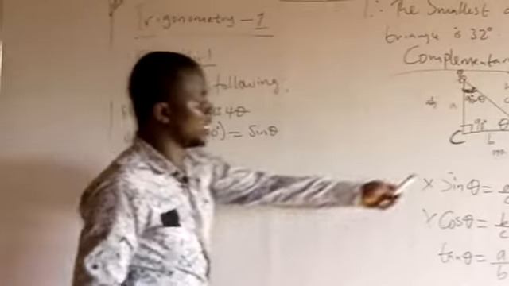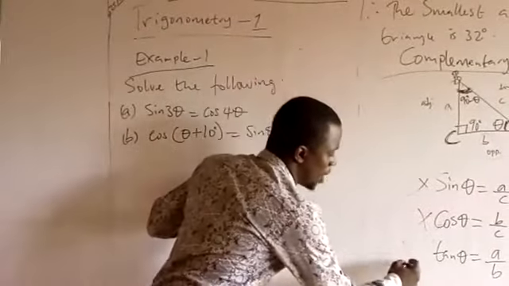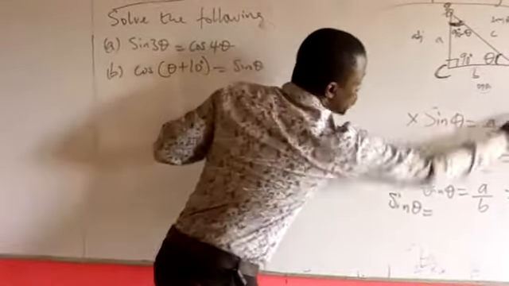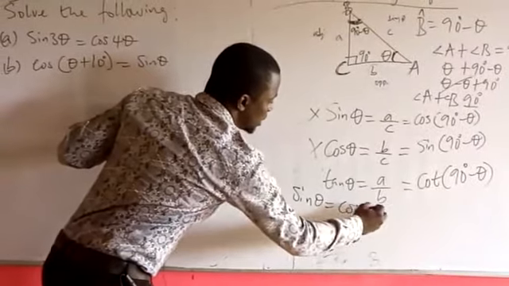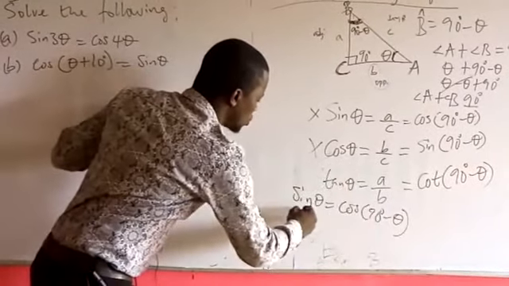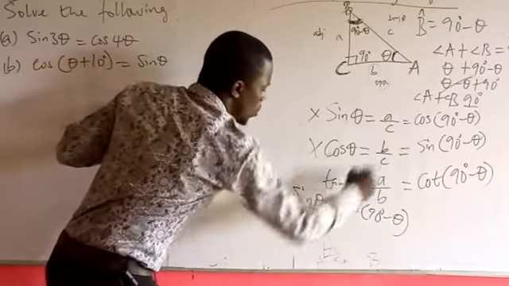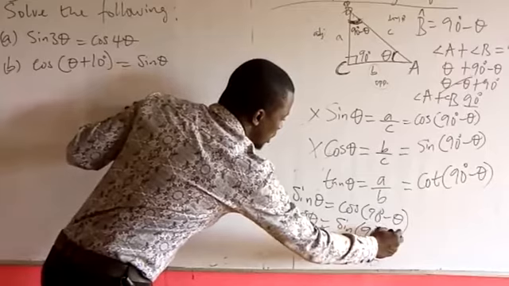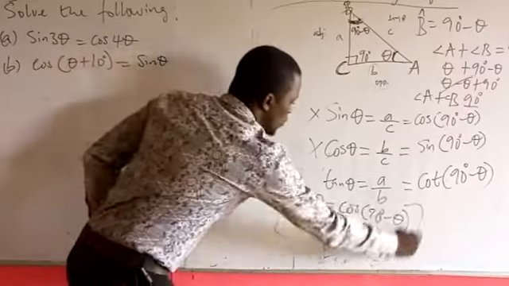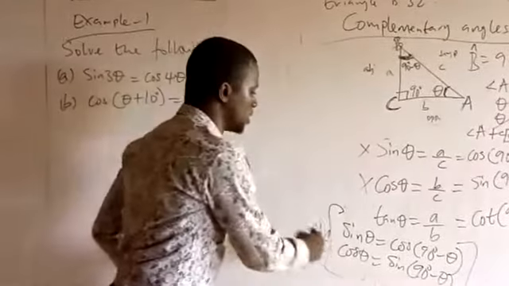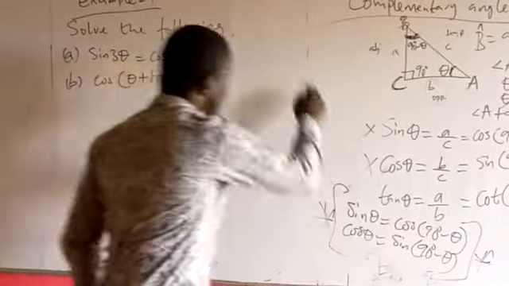By the time you bring these two together, you have sine theta equals cos bracket 90 degree minus theta, and then of course cos theta equals sine bracket 90 degree minus theta. So I'm going to work with these two formulas to solve complementary angles. So these two formulas, please take note of them. Alright.